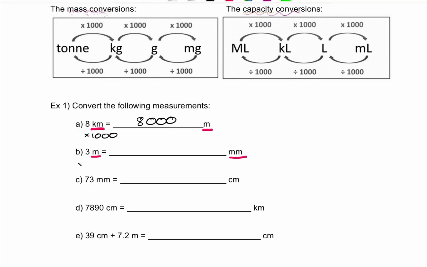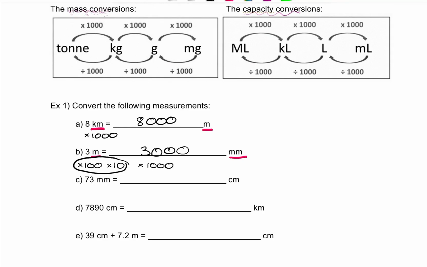So we can do this all in one step. We can times by 100 and times by 10. The other way that you can think of this, timesing by 100 and then timesing by 10, this is really the same as just timesing by 1,000, right? You're just thinking about how many zeros you have. So this ends up being 3,000 millimeters.